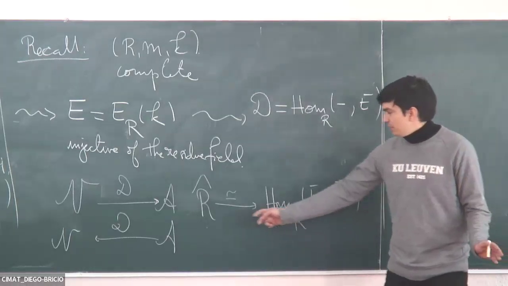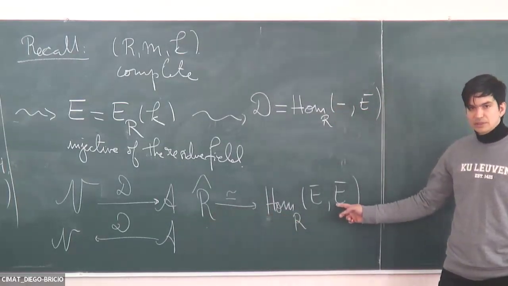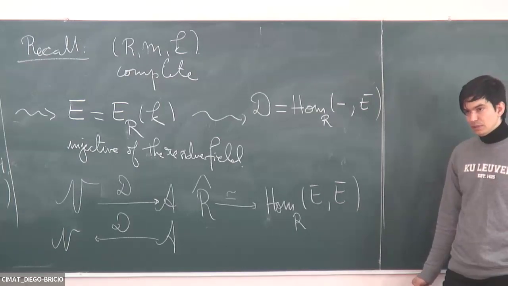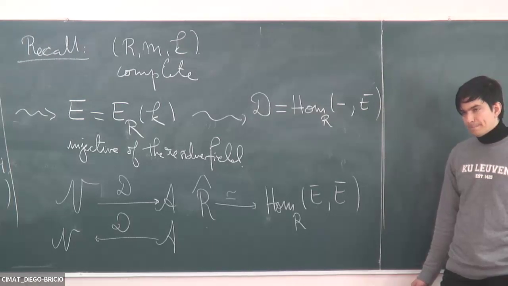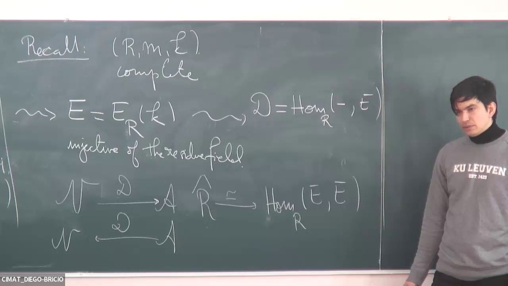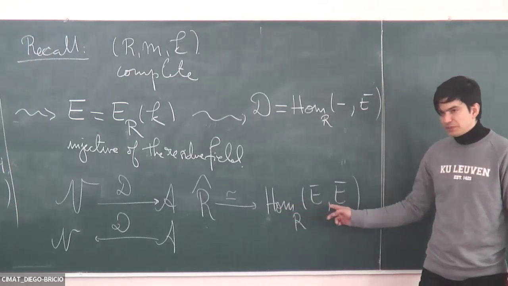You see? Because there would be a linear action of R hat on E. Right? So in other words, if I take any automorphism, that means that it's isomorphic to the completion of R. So here we're taking arbitrary homomorphisms.